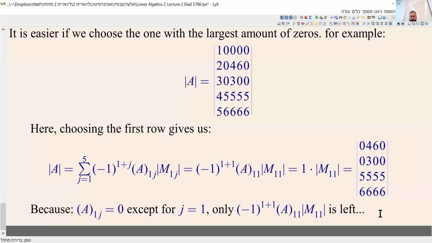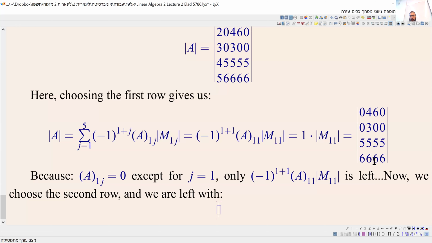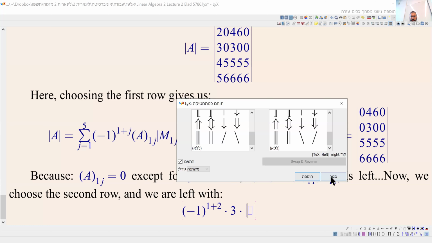Now we choose the second row, yes. And we are left with minus 1 to the power of 1 plus 2, because the element is placed in the 1, 2 position of the matrix, multiplied by the element itself, which is 3, and multiplied by the corresponding minor, which is 1, 2.